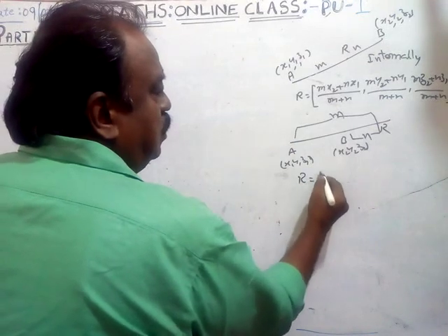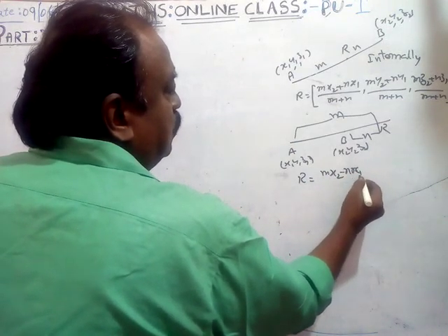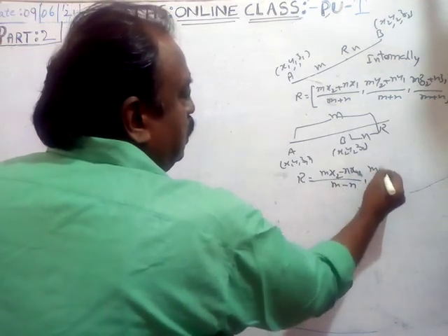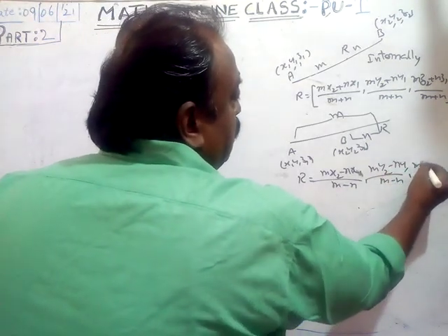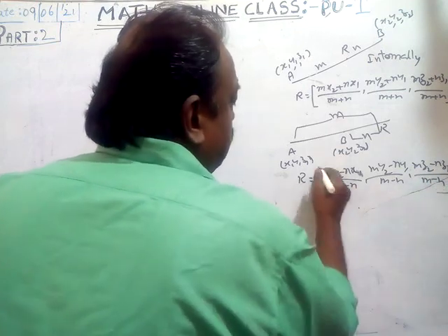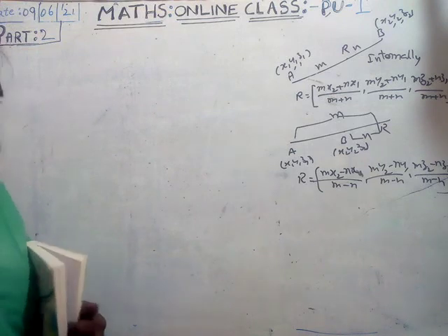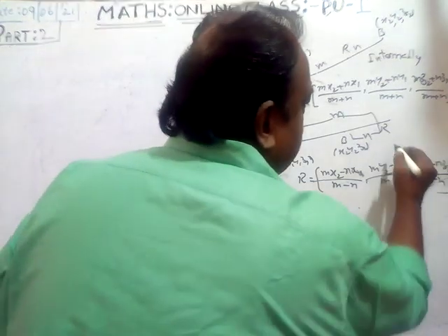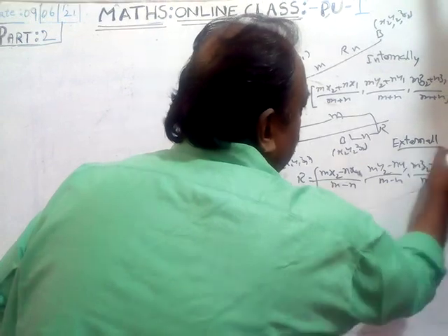At that time R is equal to (mx2 minus nx1) by (m minus n), similarly (my2 minus ny1) by (m minus n), and (mz2 minus nz1) by (m minus n).